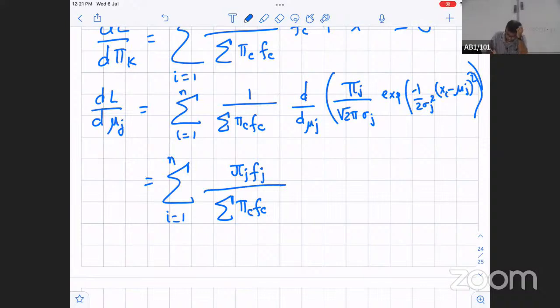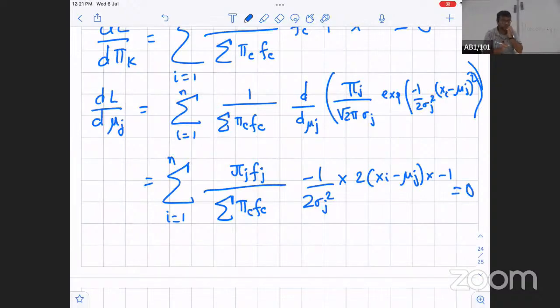What is the derivative of the inner term? Minus 1 over 2 sigma j squared times 2 times (xi minus mu j) times minus 1. This equal to 0. Is that all right? Okay.